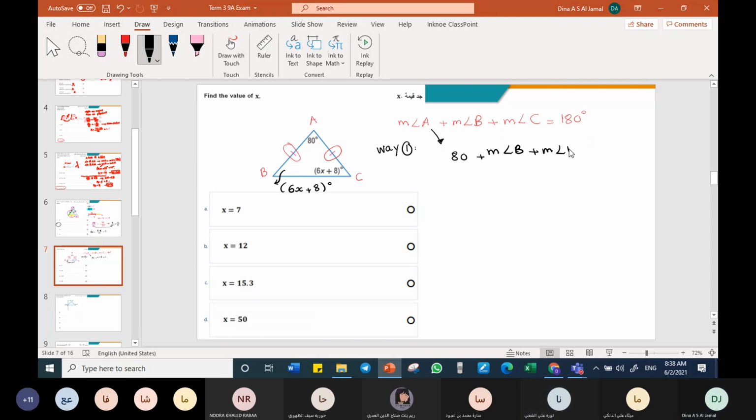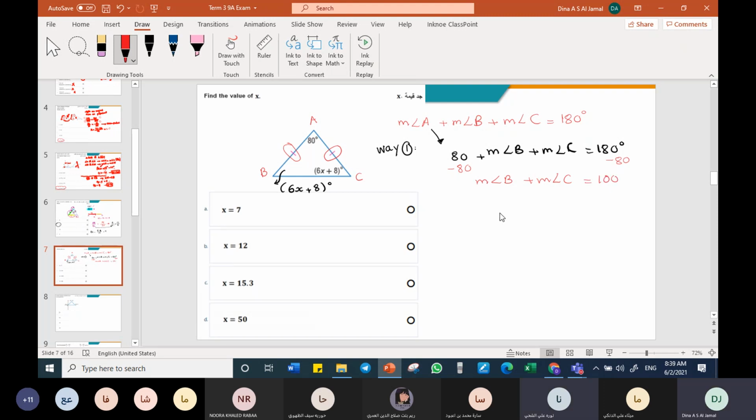Okay. So then what you did, equal to 180, which is minus 80. No, I want you to give it in details. Okay. Minus 80. So, B plus C equal to 100.